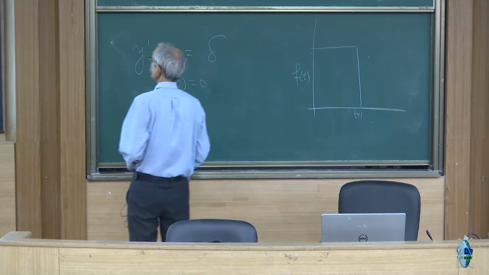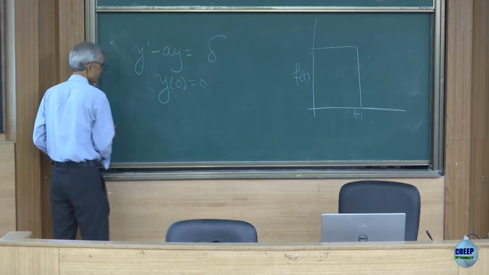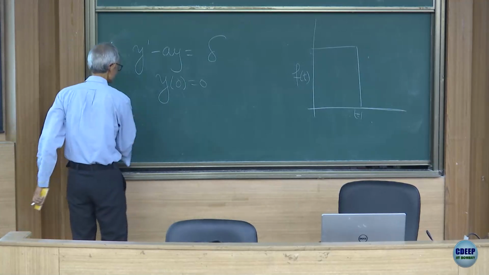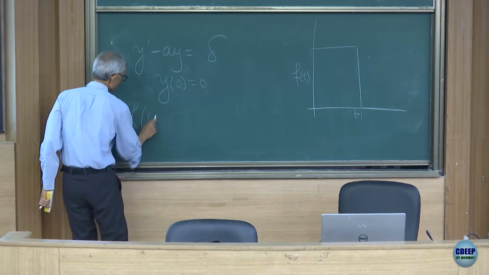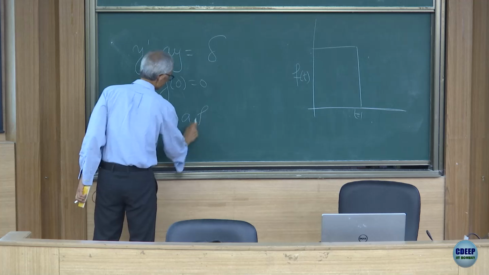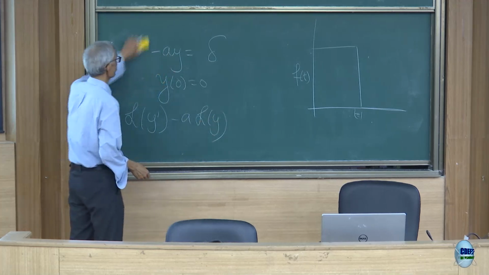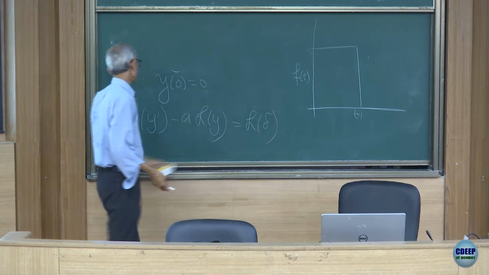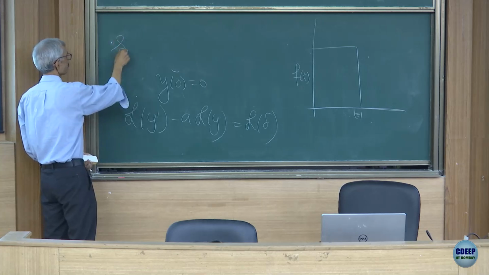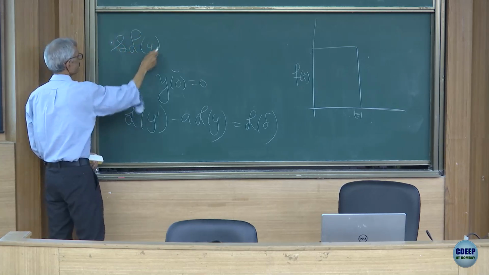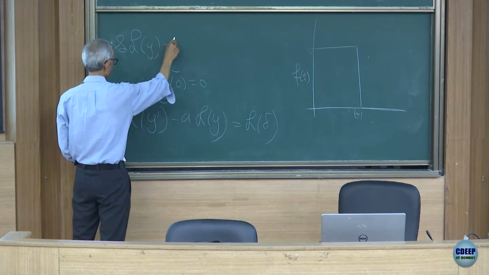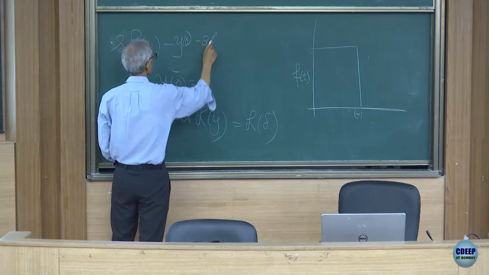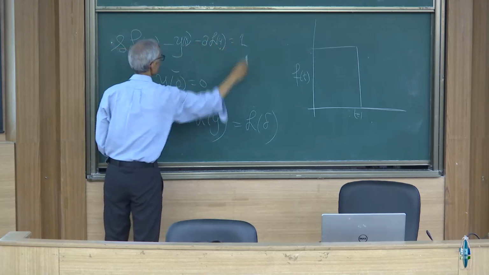Okay, so if I go ahead and use the Laplace transform, this is the last time we are going to use this example. The Laplace transform of this is the Laplace transform of y prime minus a times Ly, and this is L of delta. What is L of y prime? It is s times Ly minus y0, minus a times L of y, equal to 1.